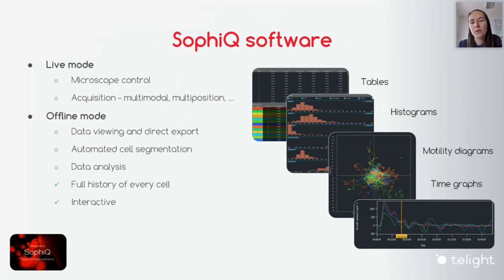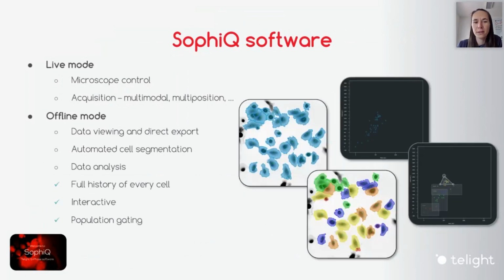So in the software, you can browse the history of every cell. The software is quite interactive and also allows you to perform population gating, which means that you can use the dot plots and select any two parameters that you are interested in, and then filter out the cells that have some specific parameters. So you can gate a subpopulation in your data.